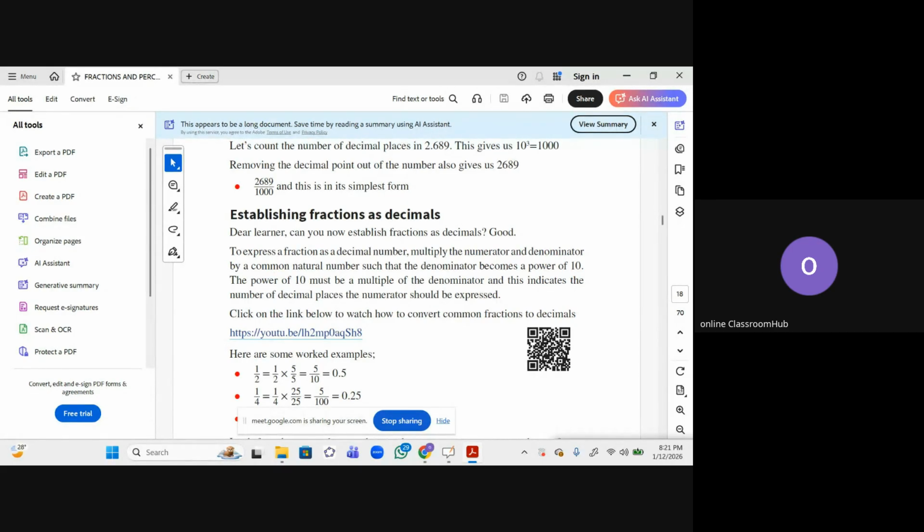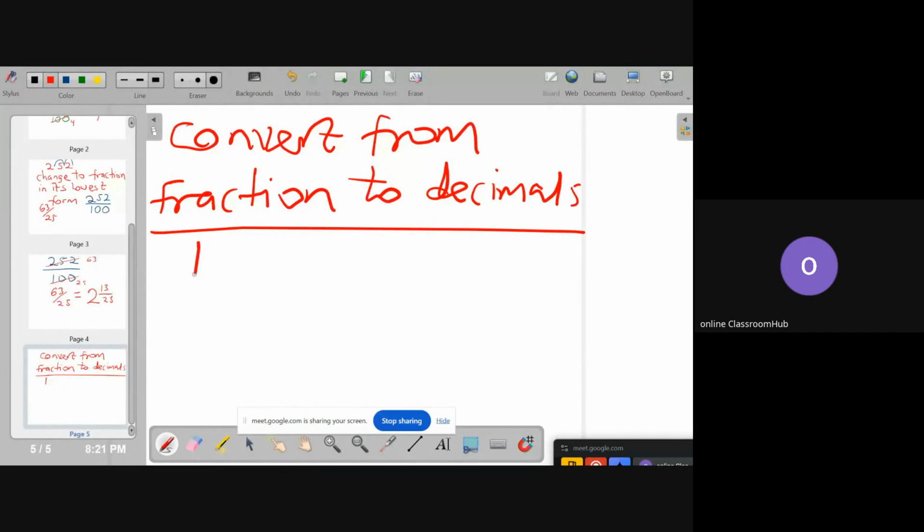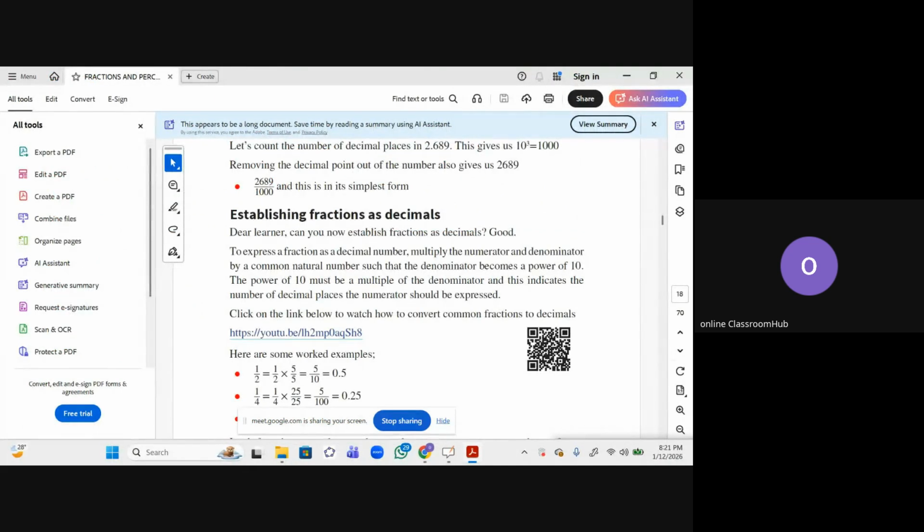So let's look at this. You have 1/2 as a fraction. Now we want to change 1/2 from fraction to decimal. And it says that we should multiply the numerator and the denominator by a common natural number, such that the denominator becomes a power of 10.